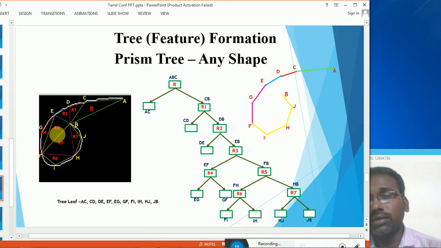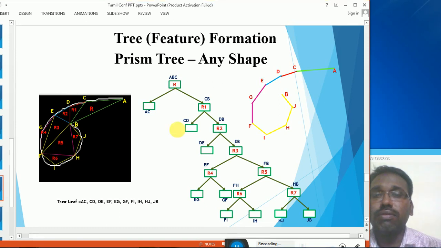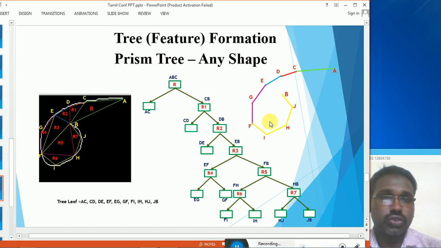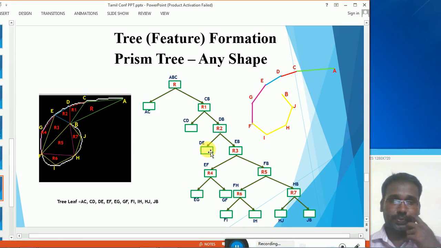Through these triangle formations, we get a tree structure. This is the final result of the triangle formation. From this we form a tree, and from the tree we extract the features.